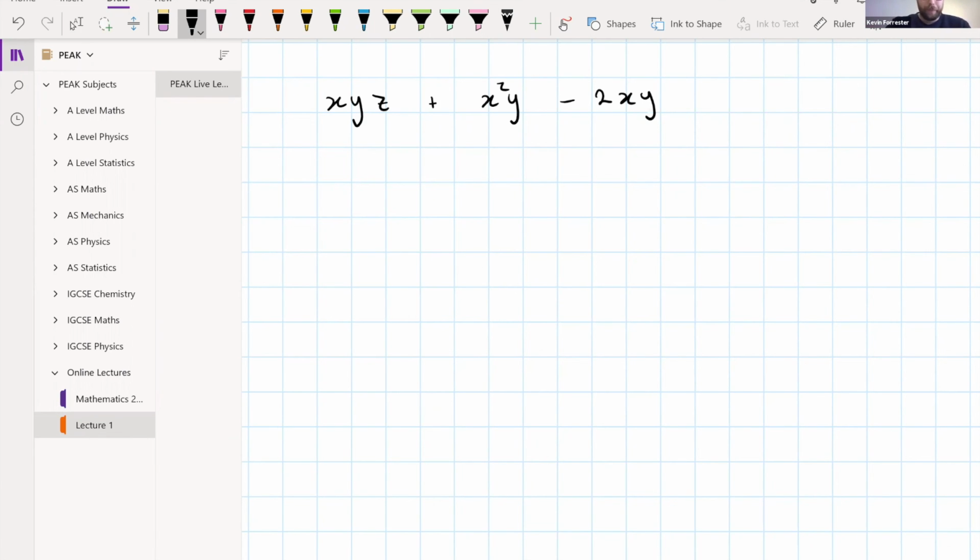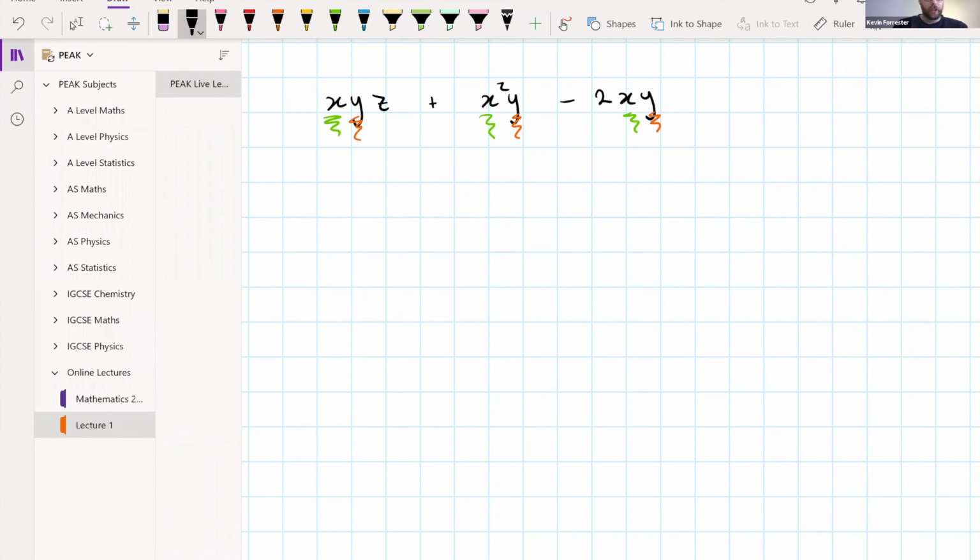So let's take a look. What is common? That is the general question that you should be asking every time when you're trying to factorize. What is the common factor between all three of these terms? If we take a look, we see we've got an x, and an x. So therefore we can take out an x from all three of these terms, and the same thing with the y's.